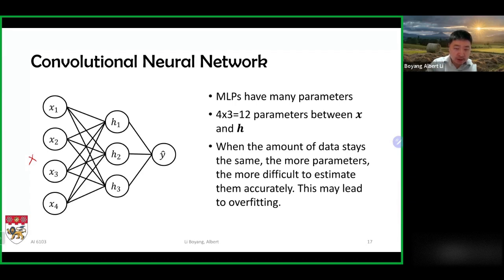So each edge here represents a parameter, and obviously there are 4 times 3 equal to 12 parameters in this very simple network. And when the amount of data is constant, the more parameters there are, the more difficult it becomes to estimate them accurately. And often this could lead to some type of overfitting.